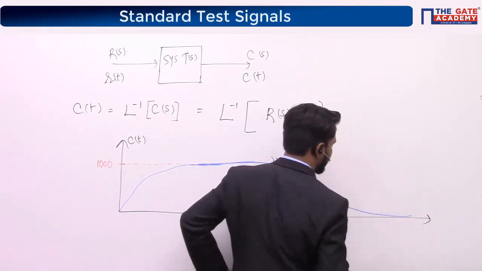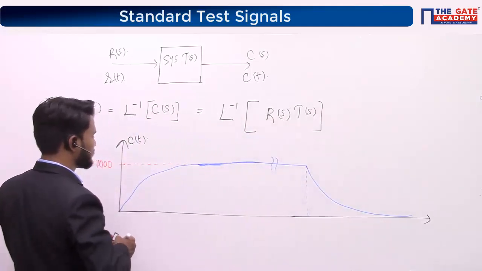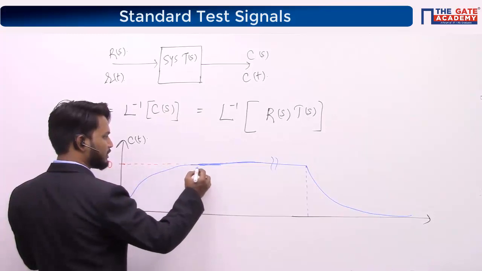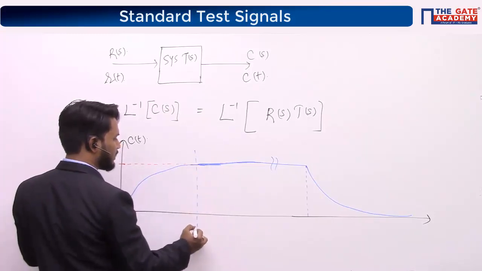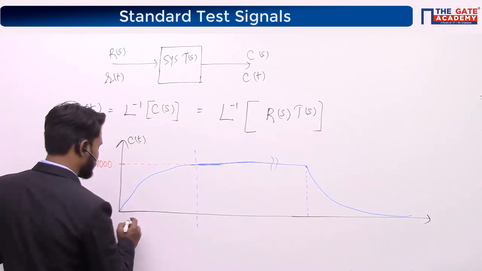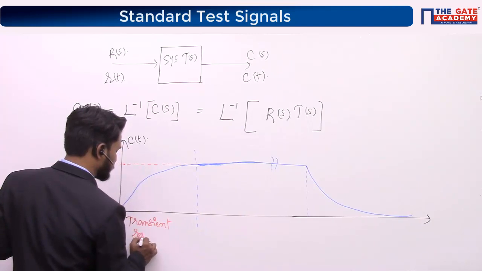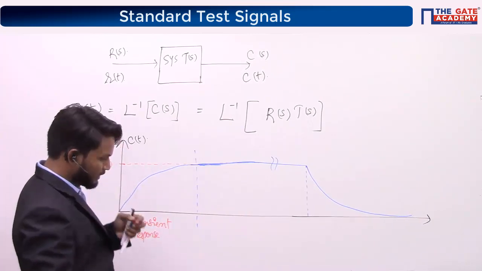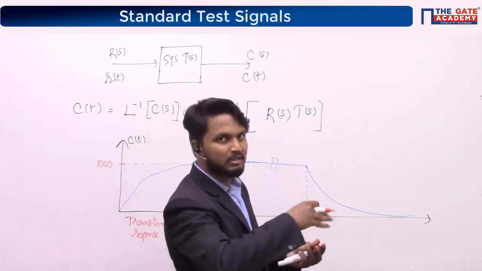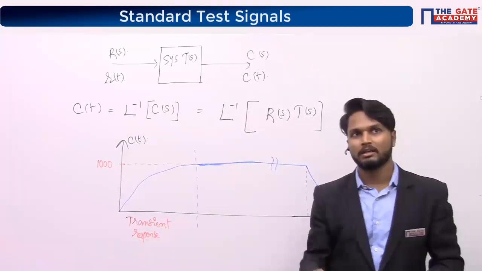So this is called what? This transition is called the transient response. Transient response means the response during the transition from the initial state to the final state.